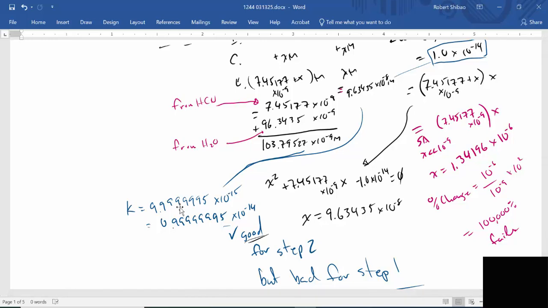But what I have to realize is both of these equilibria are in the exact same beaker, and I can't have two separate hydronium ion concentrations in the same beaker. In the same beaker, is it possible to measure a pH over here that's different than a pH over here when it's at equilibrium? You can't have two pHs in the same cup.